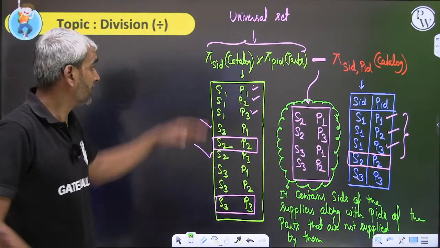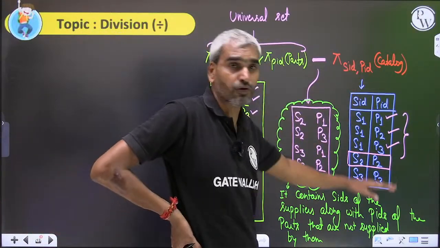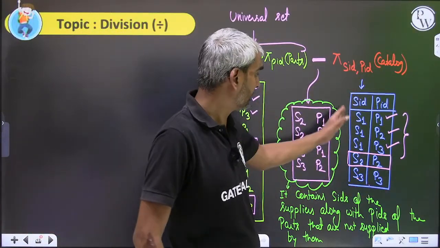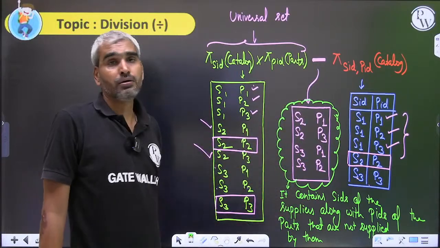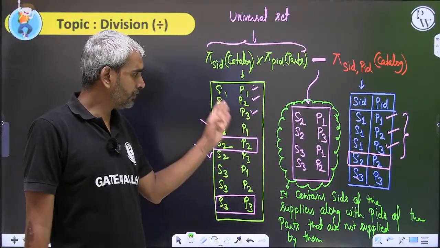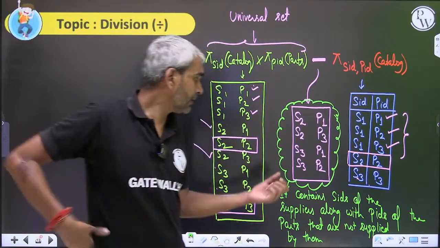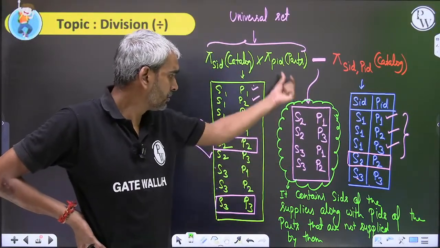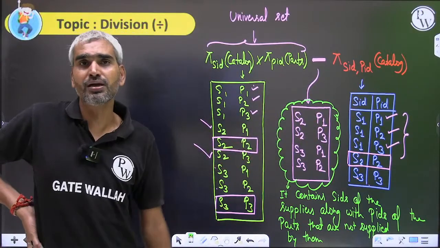Clear? So when every supplier supplies every part, here we have the actual supply information, that is, who has supplied what set of parts. After this subtraction, you will be left with tuples having the supplier ID and part ID, giving the information about which parts are not supplied by a particular supplier.